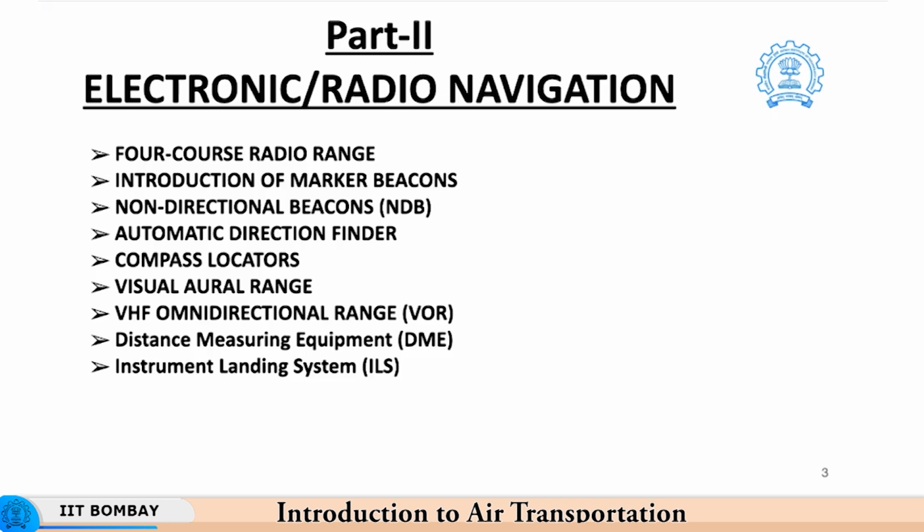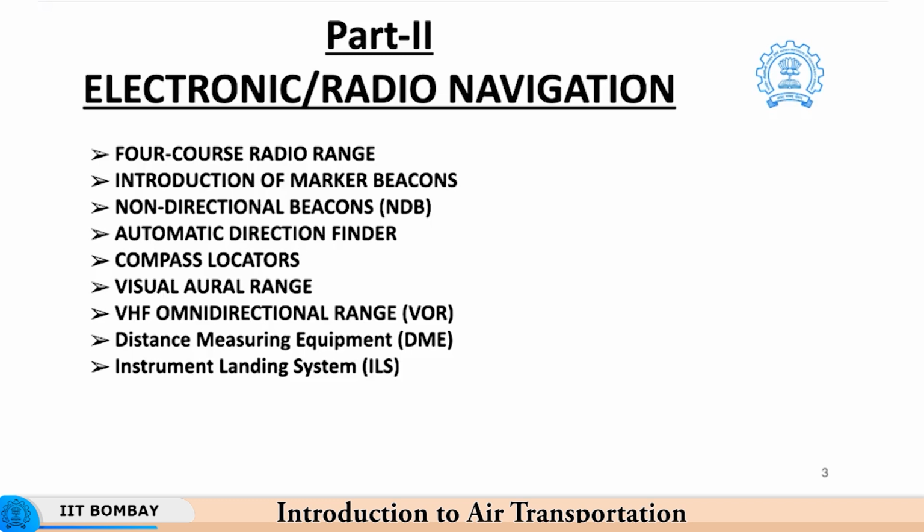Through this lecture, we will be covering certain navigation aids like the four-course radio range and the marker beacons. Then we will be understanding other navigation units used by aircraft, that is the non-directional beacons, or more commonly known as NDBs.